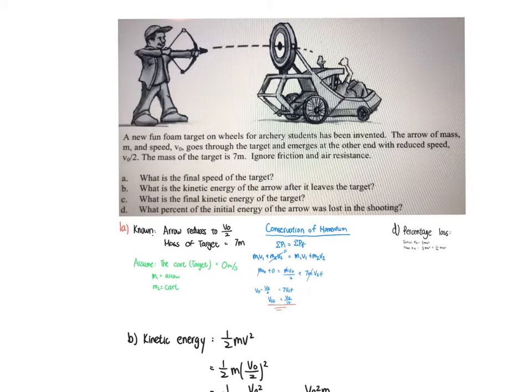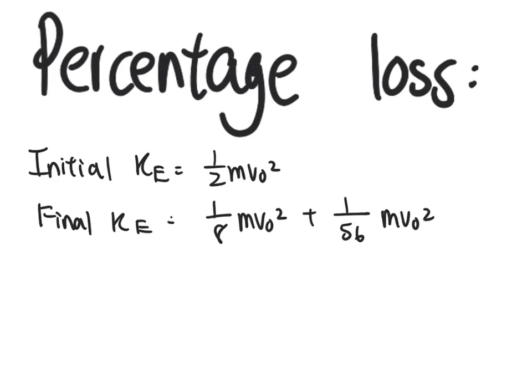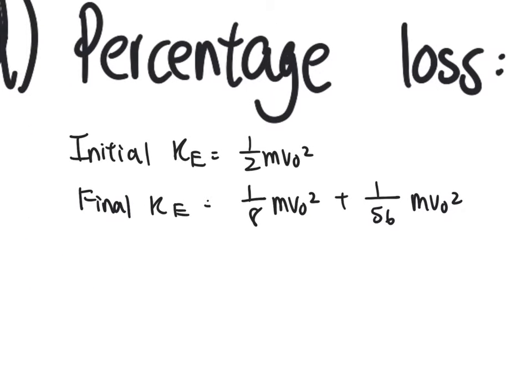Hence, that's why we have this equation over here. Final kinetic energy equals 1 over 8, which is your arrow, and this being your cart. You add them up together, and then we're good to go.